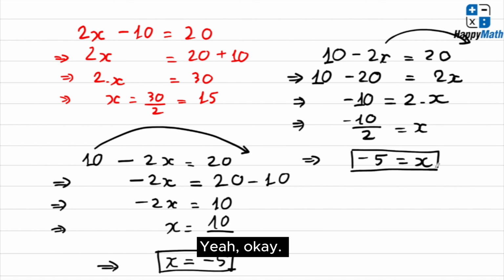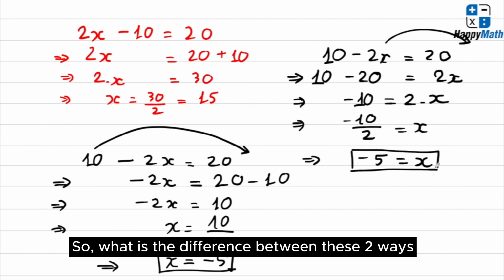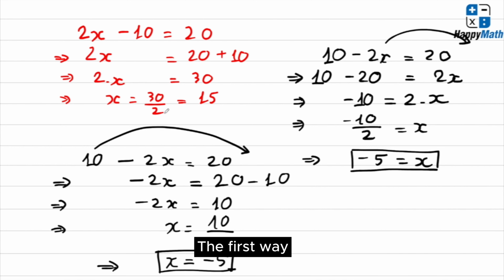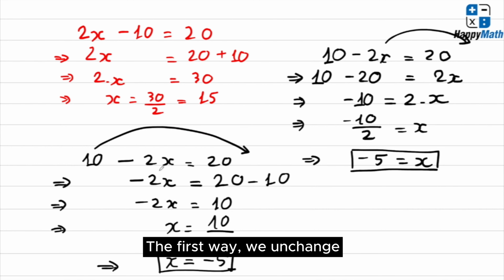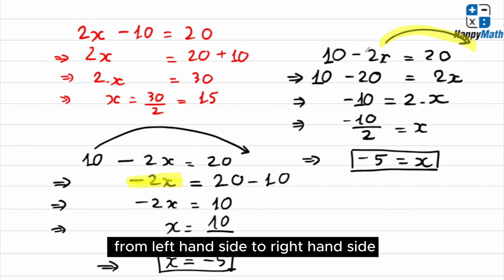Okay, so what is the difference between these two ways? The first way, we leave the position of negative 2x unchanged. But the second way, we move negative 2x from the left hand side to the right hand side.